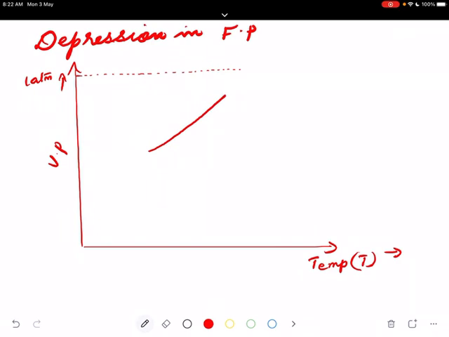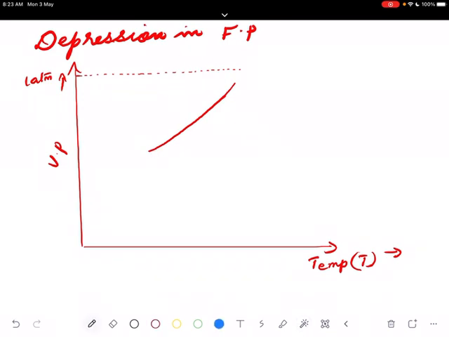As you heat, the vapor pressure will increase and finally it will touch the atmospheric pressure line as you increase the temperature. When you decrease the temperature, the vapor pressure is decreasing. So this is pure solvent.